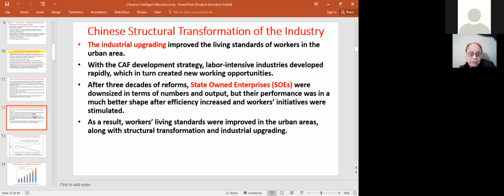With this comparative advantage following strategy, the labor-intensive industries developed very rapidly, which in turn created new working opportunities. So the state-owned enterprises were downsized, and town village enterprises were upgraded, and as a result, a lot of people raised their income levels.